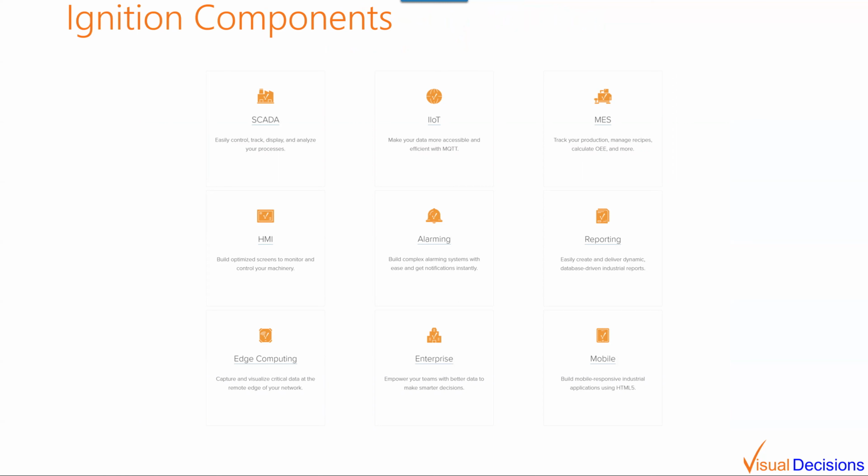In addition, the Ignition platform and/or applications built on the platform provide some of the following capabilities: an MES, or manufacturing execution system, to track production, manage work orders, and track performance; HMI, or human machine interface, the ability to build displays to visualize the data and control the process; alarming, with built-in capabilities to alarm and alert based on what happens on the shop floor; reporting, you can create reports and deliver those through multiple channels, and more.